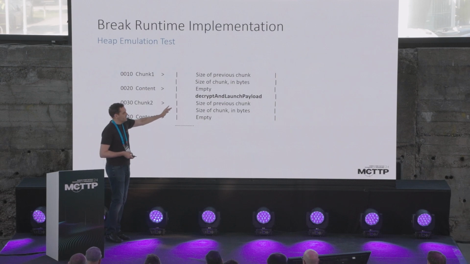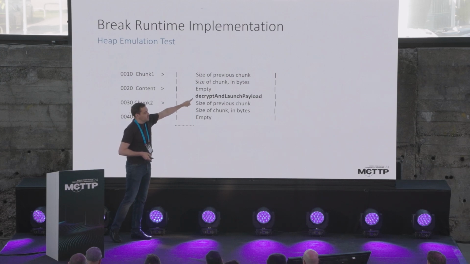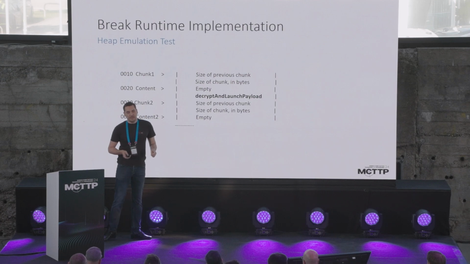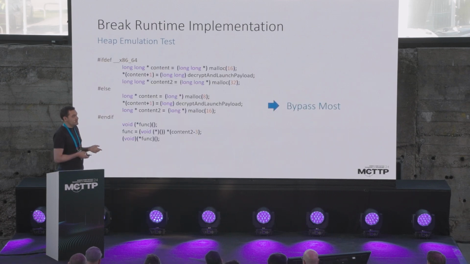And what I'm doing is, what happens if I call a function pointer from here, minus 24? I should be able to trigger the decryption routine, if the heap is correctly implemented. And this bypassed most detection. I think there's only a couple of antivirus that correctly implement that. So here's the code. It's a bit of pointer arithmetic, sorry about that.